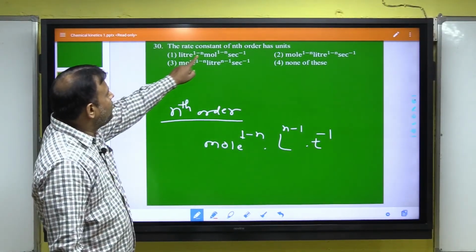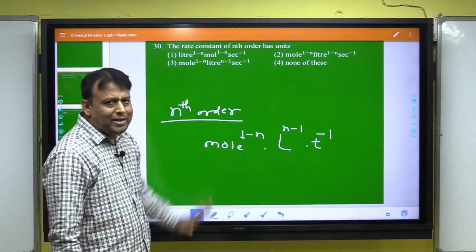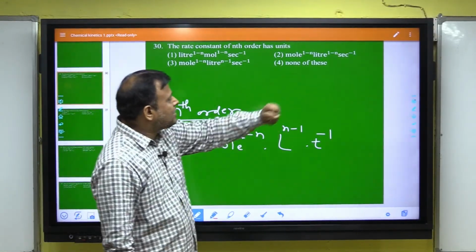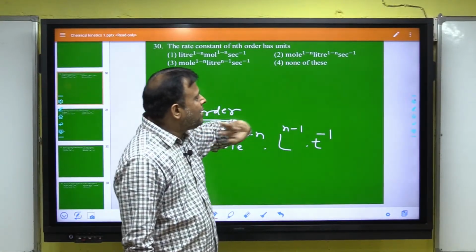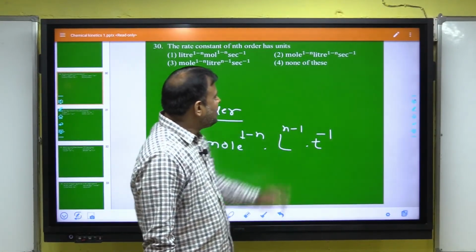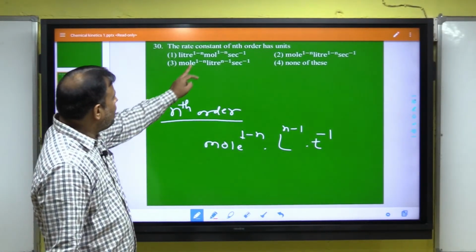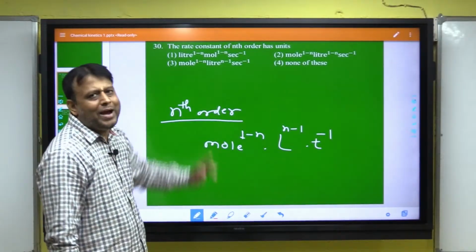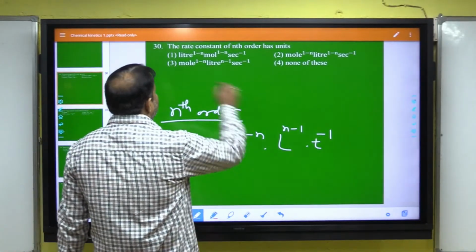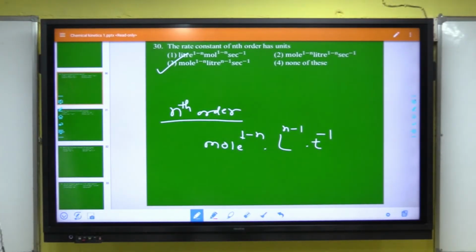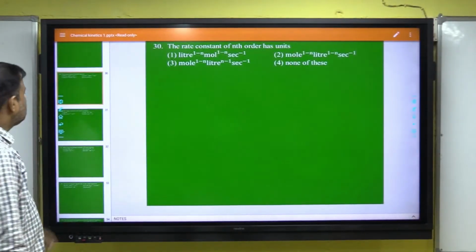Mole to the power 1 minus n, liter n minus 1, and second inverse. Option number third. Clear? 31.